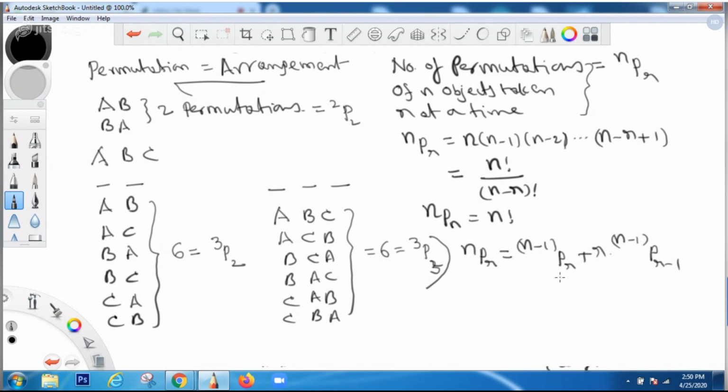Remember? Good. So we have nPr equal to n factorial by n minus r factorial, nPn is equal to n factorial, and nPr is equal to n into n minus 1, n minus 2, and so on up to n minus r plus 1. And nPr equal to n minus 1 P r plus r into n minus 1 P r minus 1. These are the formulae we got so far.